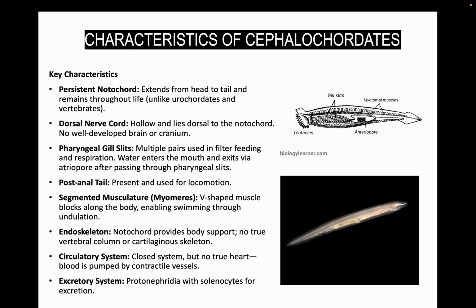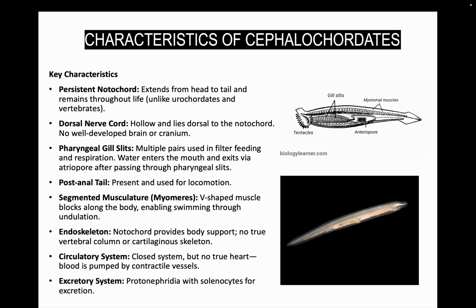There is a dorsal nerve cord which is hollow and lies dorsal to the notochord. And although there is a definitive, morphologically characterizable head portion of the animal, the brain is not well developed. There's no well developed brain, no cranium of some sort that houses the animal's brain.